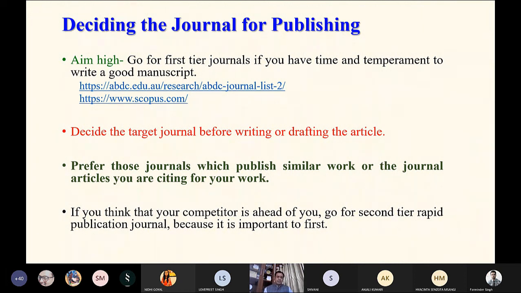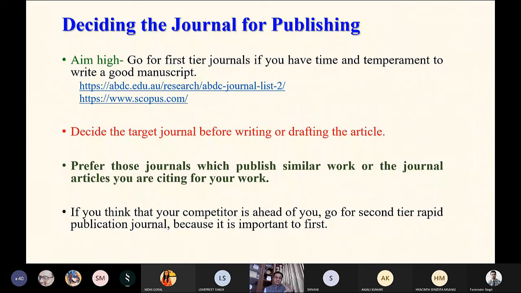We have to prefer those journals which are publishing the same work that you are going to do. For example, if I am conducting research on religiosity, religion, and consumer behavior, there is one A category journal, the Journal of Islamic Marketing.